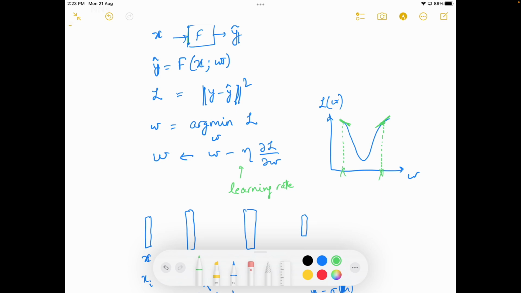Sir, but we define local minima or global minima using the curve of the loss function, not of the activation function. Yes. So I don't think we can prove that it is happening because of that.